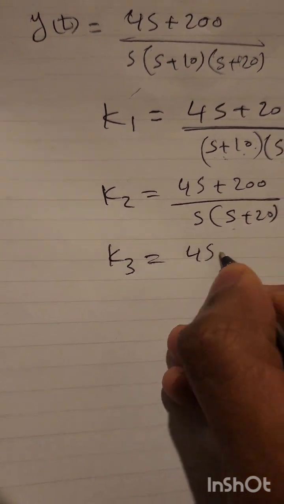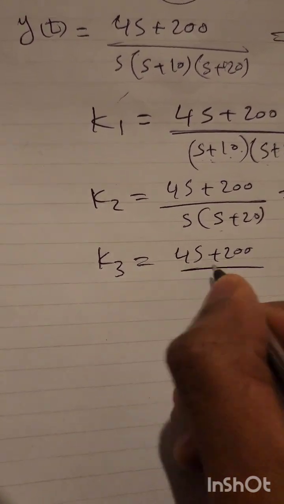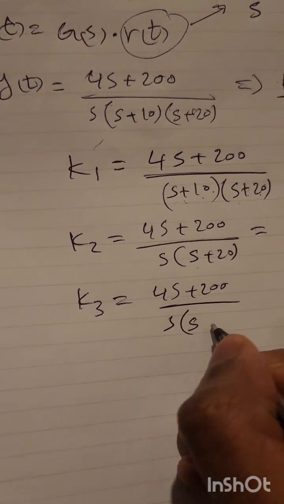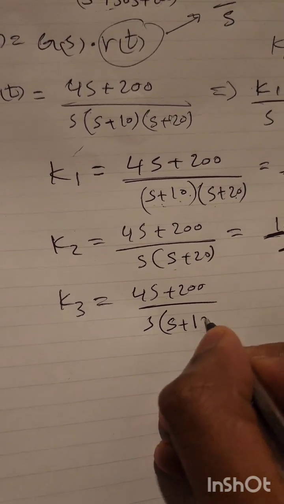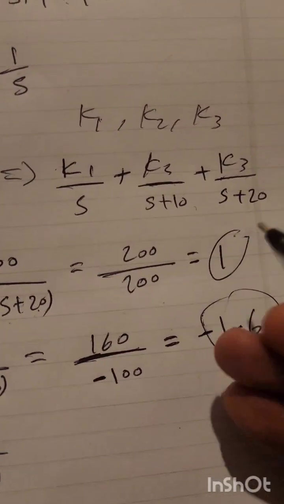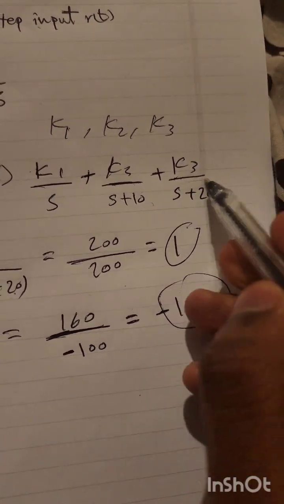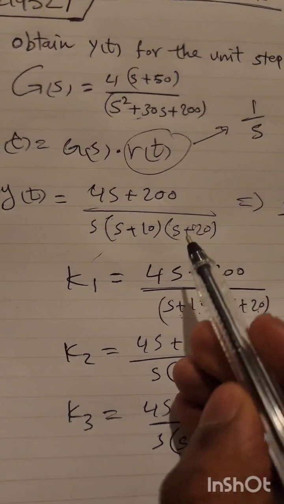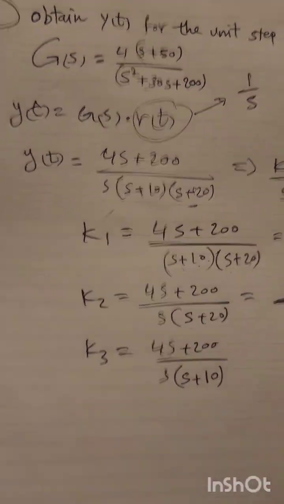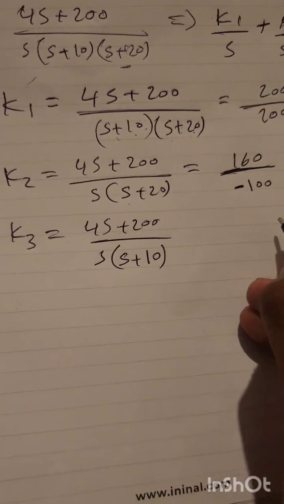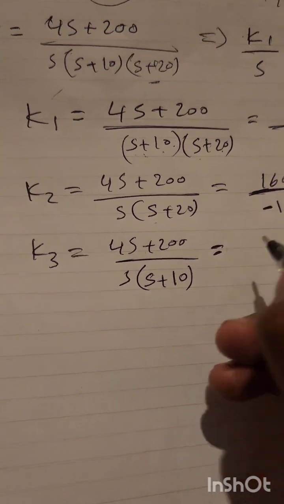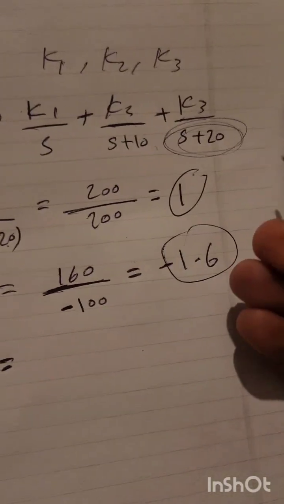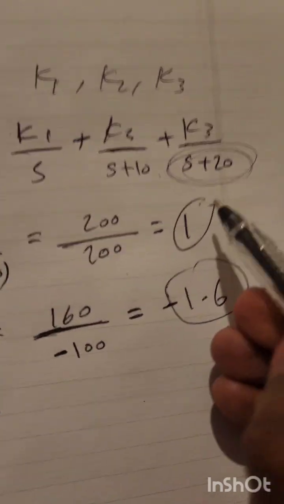And there is also k3. So we have (4s plus 200) over s multiplied by (s plus 10). The process is we are going to remove the denominator of k3 from the first equation here. We are going to consider s as minus 20. From where do we get the minus 20? From here.